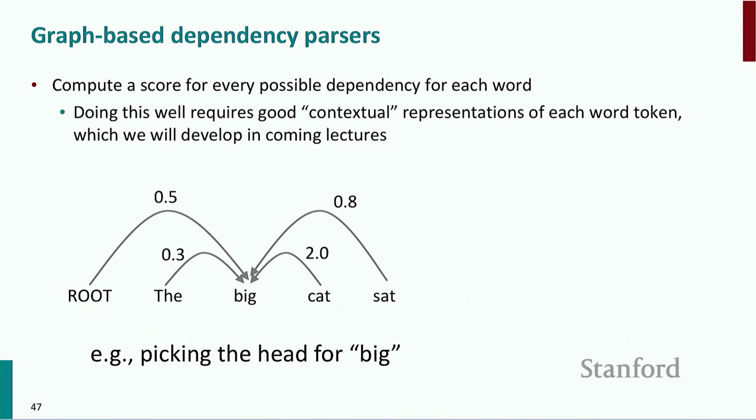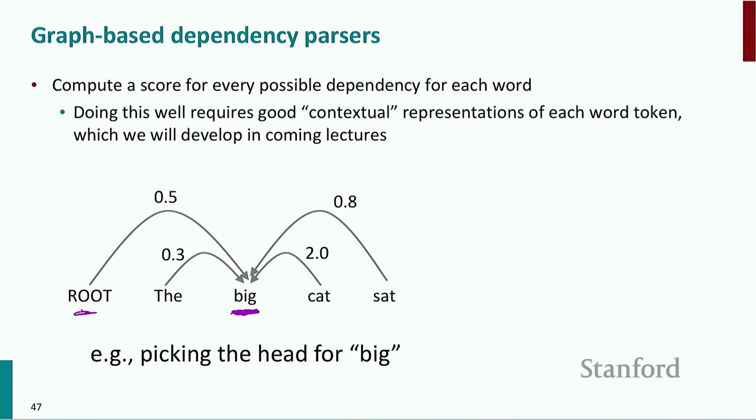And in graph-based dependency parsers, what you do is for each word, you ask, what am I a dependent of? So if the sentence is the big cat sat, each word, for example, big, has to be a dependent of one of the other 4 words in this sentence, including this possibility of root.